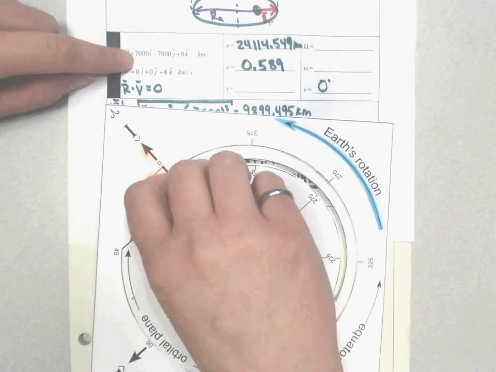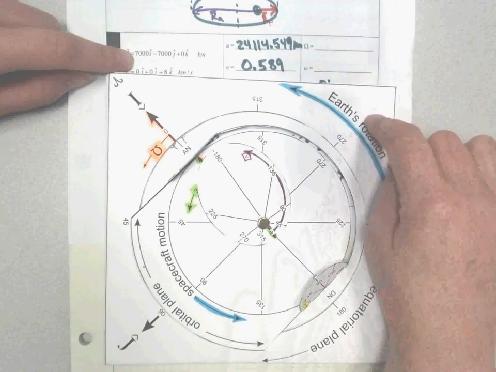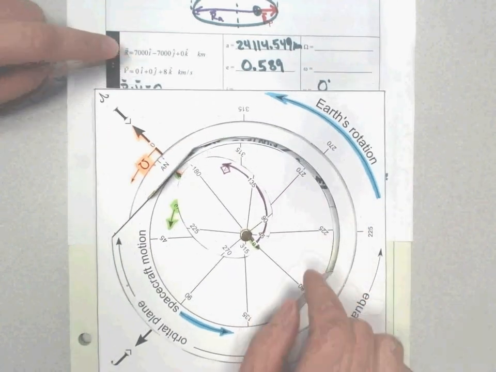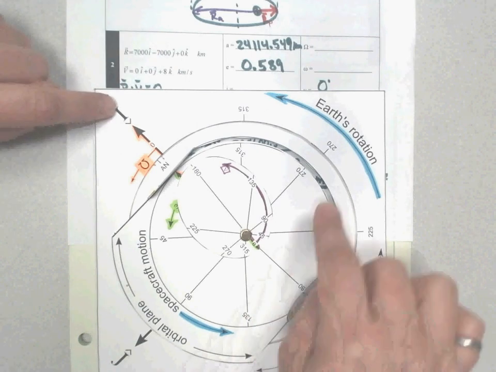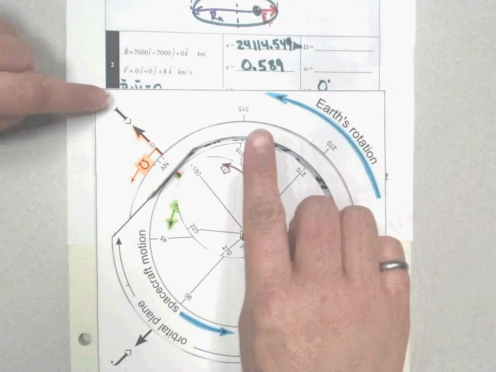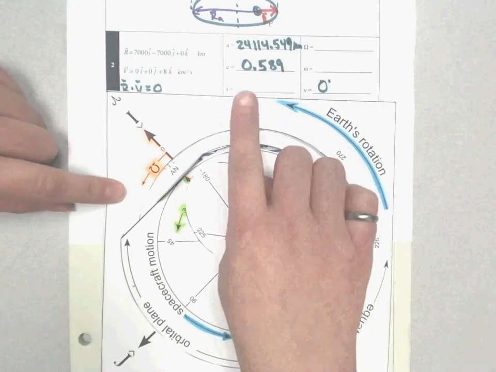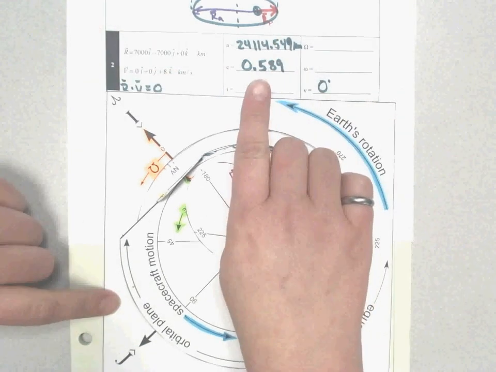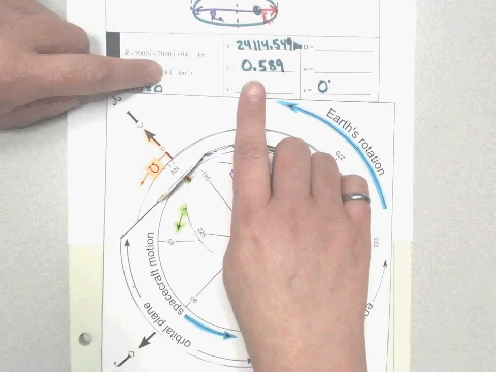Right, so if this is positive J, this is negative J. Positive I, negative I. So I am equal in magnitude in both the positive I and the negative J direction. So my index finger, or my R, is right here, in between them. I'm in both directions equally. I'm right here. My V is purely in the positive K.